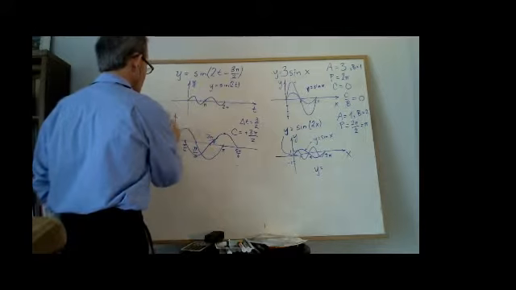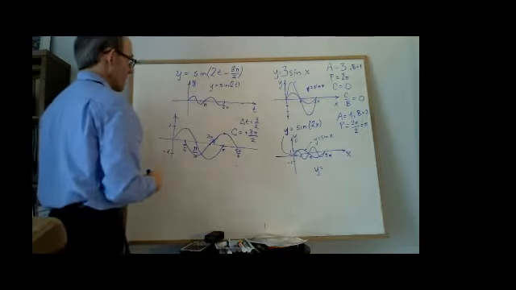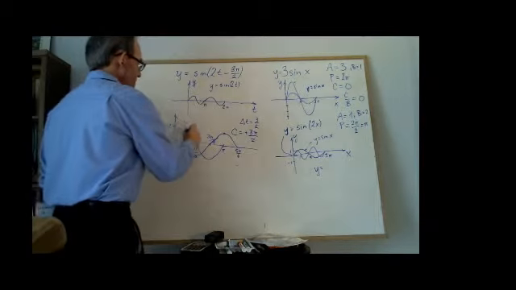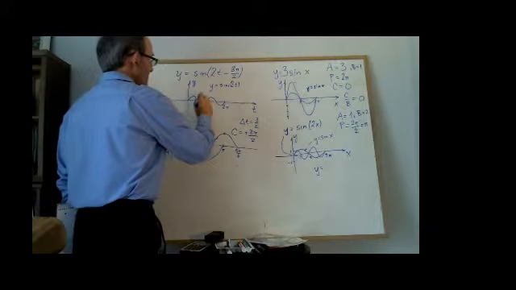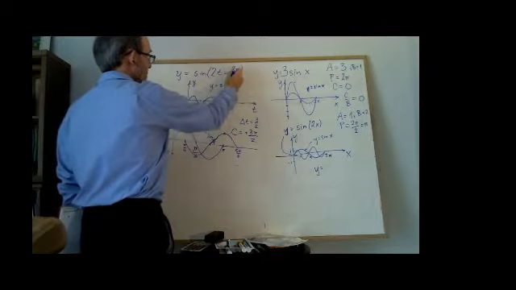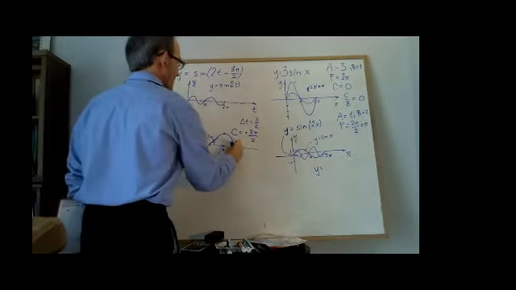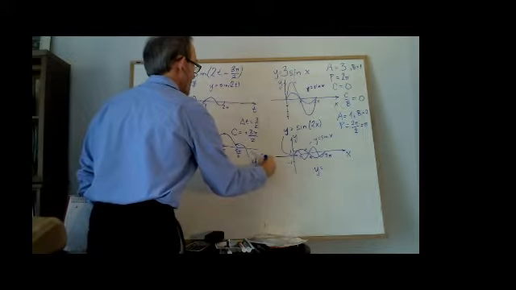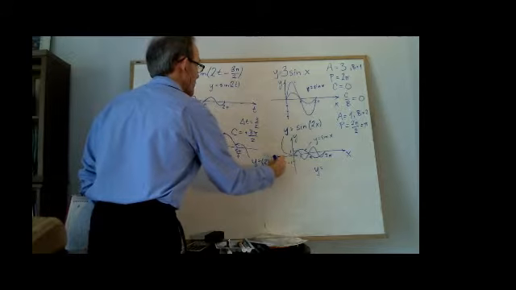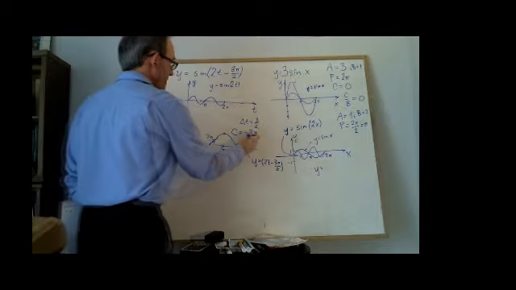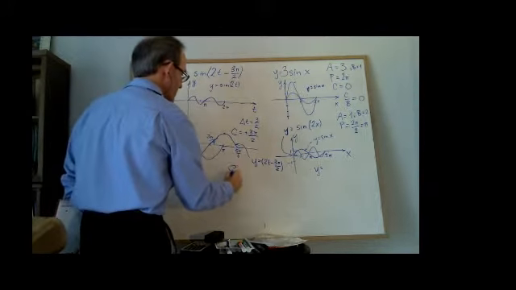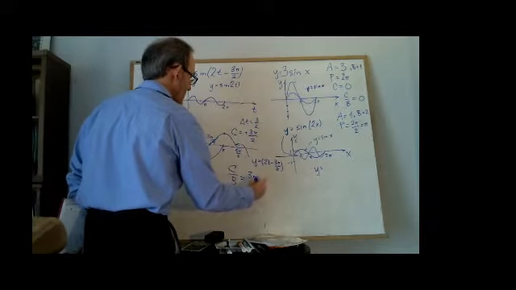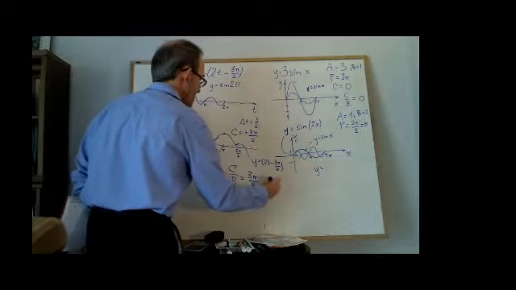It's going between 1 and minus 1, and I keep going. So this first graph is the unshifted graph. The second graph is the shifted one, shifted by 3 pi over 2. I mean, the actual time shift will be C over B, 3 pi over 2 divided by B, which is 2, so it's 3 pi over 4.